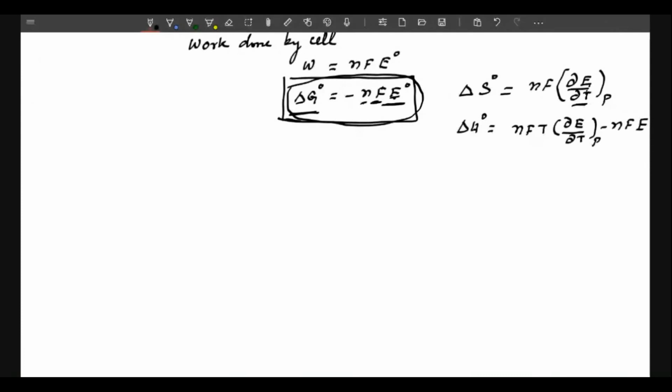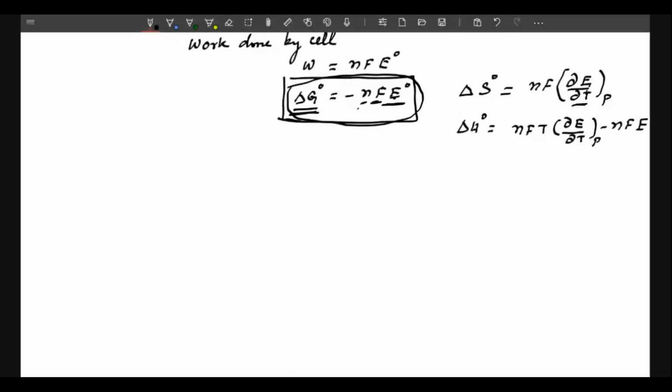Accordingly, delta G will also be changing. Therefore, three kinds of problems may be asked in this session. What are the three kinds of problems? First, take down the first problem, then we will go for the next one.